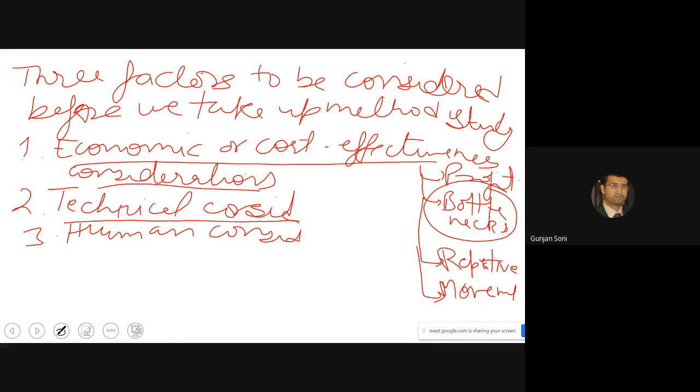It actually helps in analysis also in industry. Let's say you want to find out which is the most inefficient workstation, or which is the workstation causing the maximum amount of scrap. So how do you find out that? There are 100 machines in your organization. Which machine is causing maximum scrap?